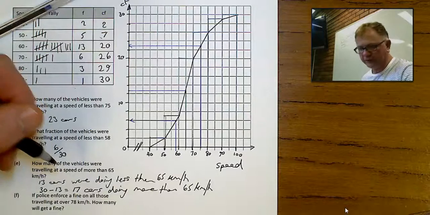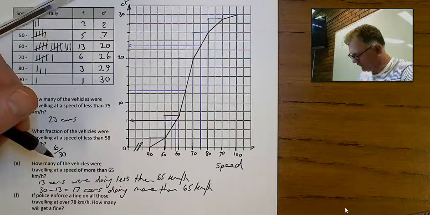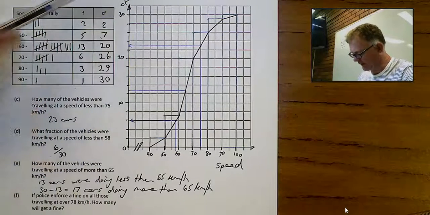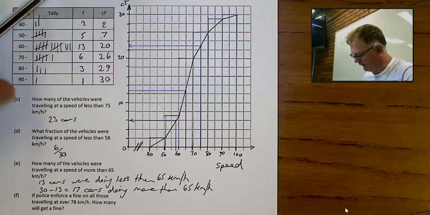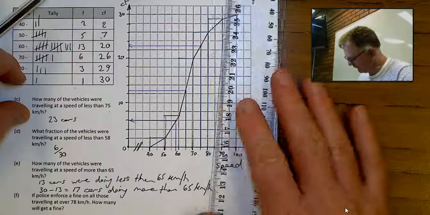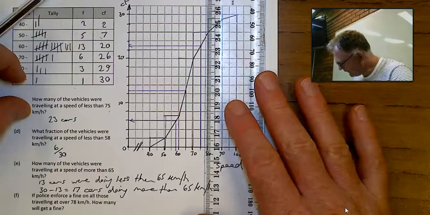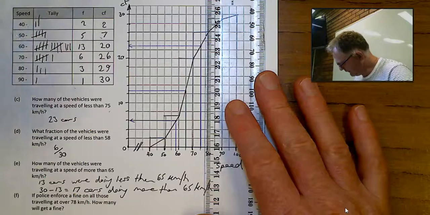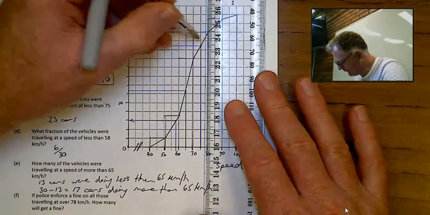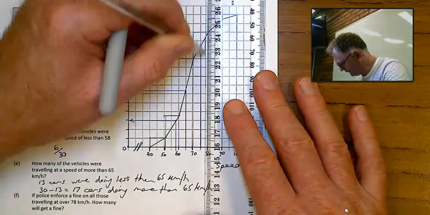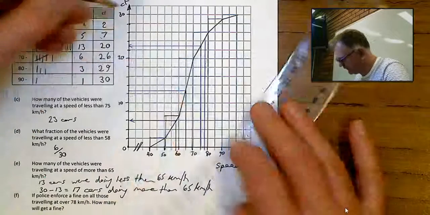And police are going to fine anyone who's travelling at over 78. How many cars get a fine? So we can go up here to 70, well that was 75, 78 is pretty close. I get 78 will be about there. Up to my graph and go along.